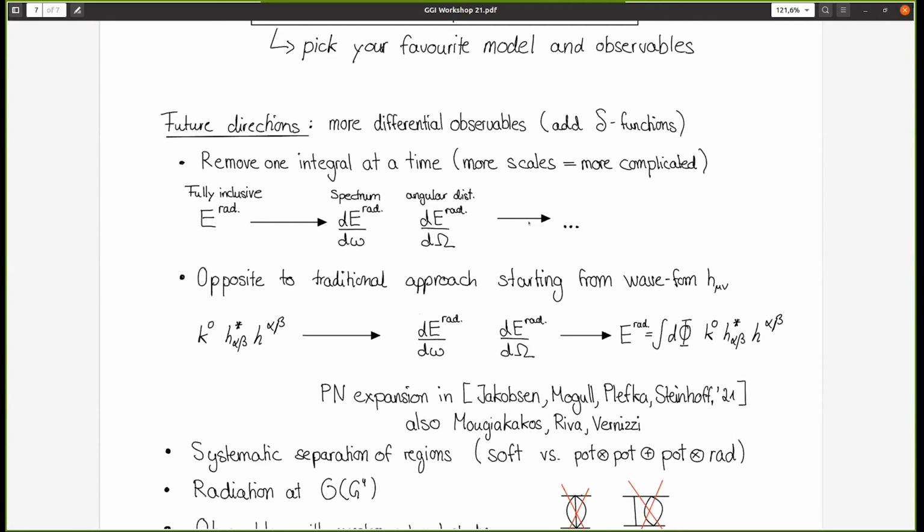May I make a comment on terminology? Yes. This inclusive versus exclusive. I think in particle physics, we use exclusive and inclusive. It's due to Feynman, actually. Remember this distinction, in a slightly different sense, for instance, you have proton-proton collisions.